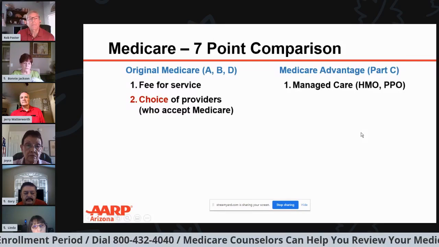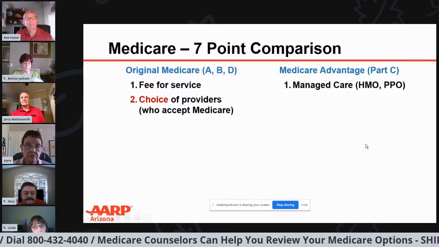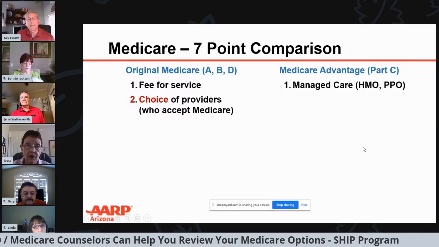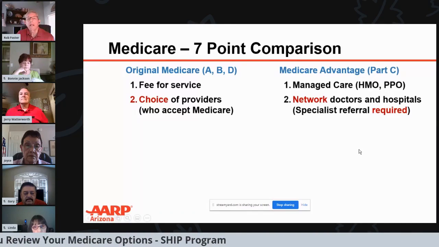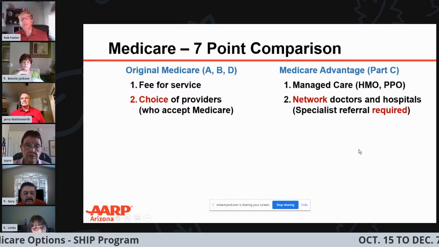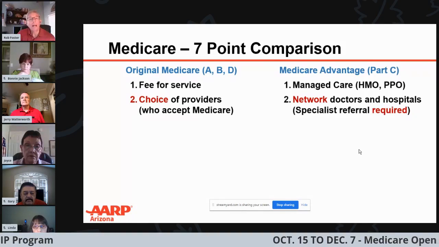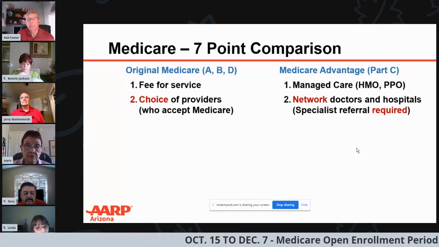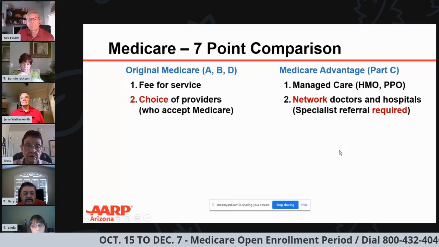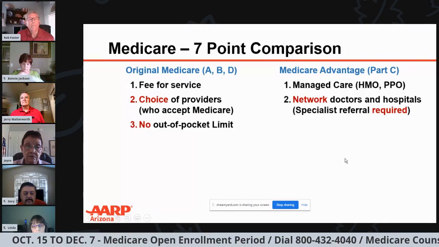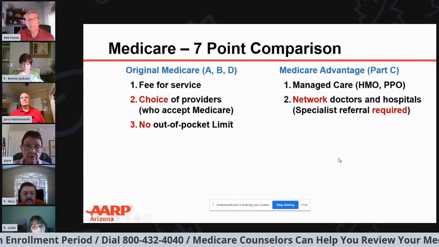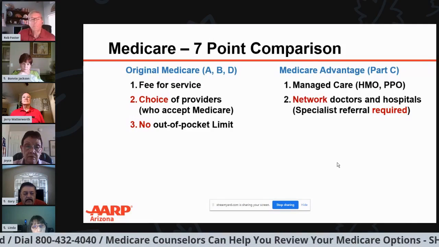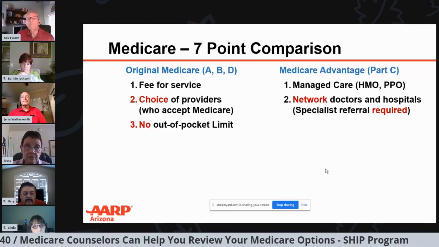With Original, you have a choice of providers as long as they accept Medicare. And with Advantage, you're dealing with the network doctors and hospitals. With Original, there is no out-of-pocket limit, and we'll talk more to that later on.